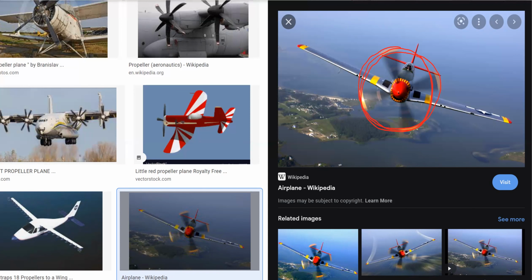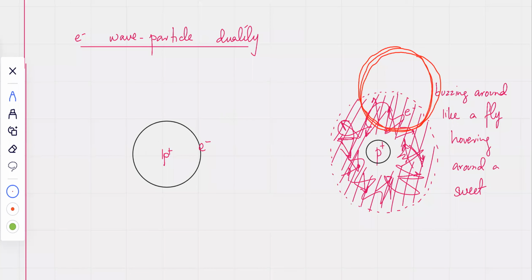So from now on, electrons are not going to be described by saying the electron is over here, because you don't know where the electron is. What you know is the electron is hovering somewhere in a very specific area.